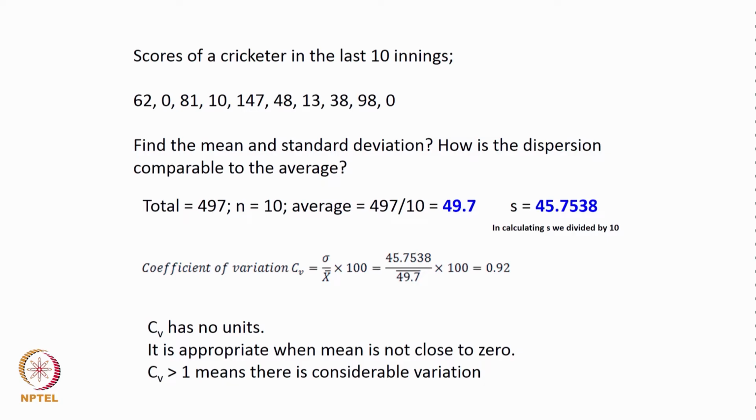We also observe that in this case the average is runs scored, and the standard deviation is also in runs scored. We may recall that we would first calculate the variance and then take the positive square root of the variance, and the variance would have a unit of runs square, and standard deviation would have the unit of runs, and therefore, sigma by x bar will not have a unit, and it will just be a number which compares the dispersion with the average.